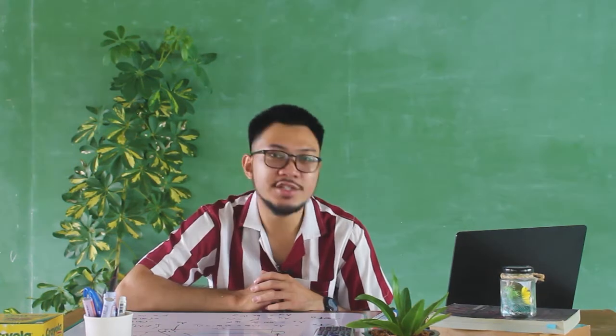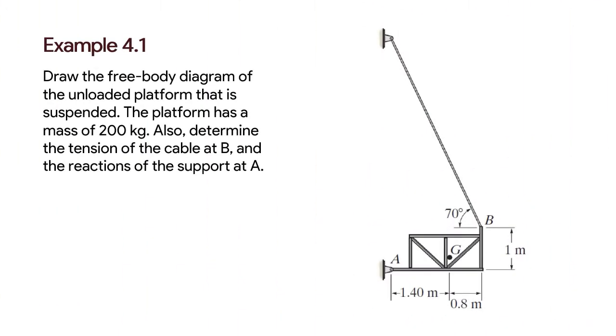Understood? Okay. Easy breezy. So we have here another example. Naay unloaded platform diri. Naay platform nga gisuspend siya. Dili gud suspend nga wala siya gipaeskwela, basta gibitay siya. Okay?